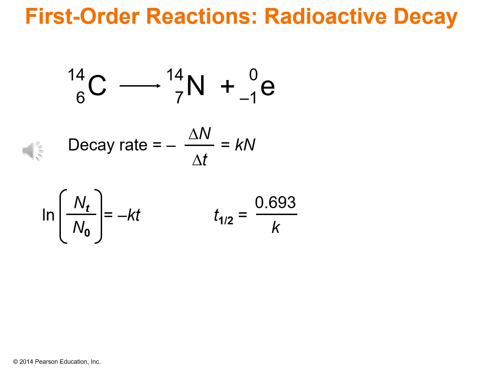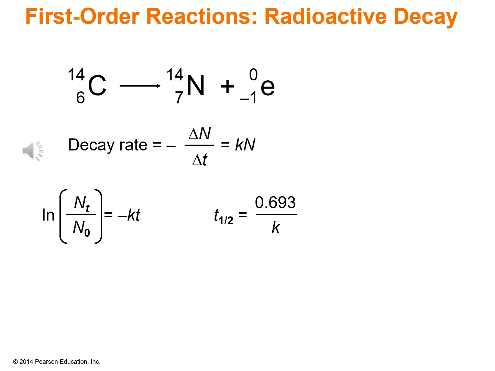This rate law is analogous to the rate law of the first order chemical reaction, as can be seen by replacing the chemical reactant concentration A with the number of radioactive nuclei N. Consequently, the integrated rate law for radioactive decay and the relationship between the half-life and the decay constant are also analogous to the equations that we saw earlier for a first-order chemical reaction.